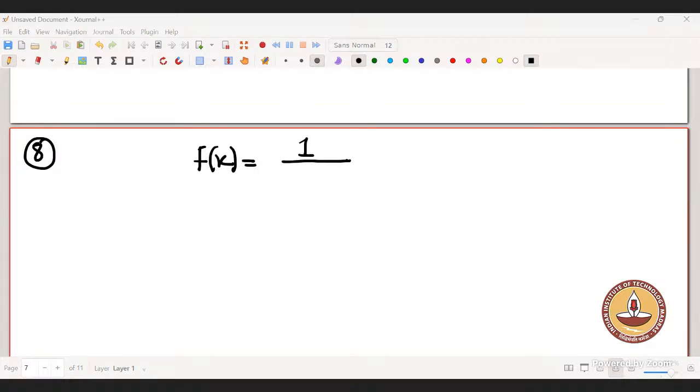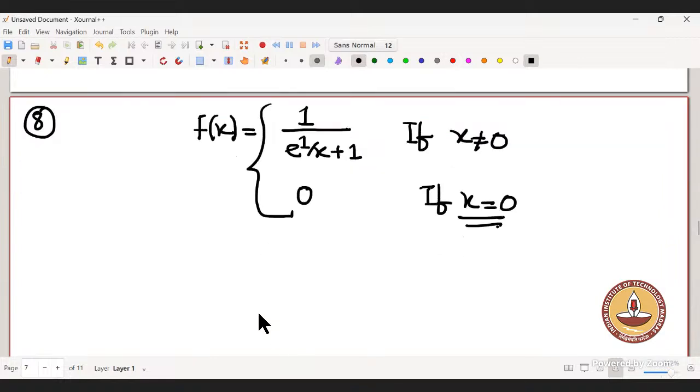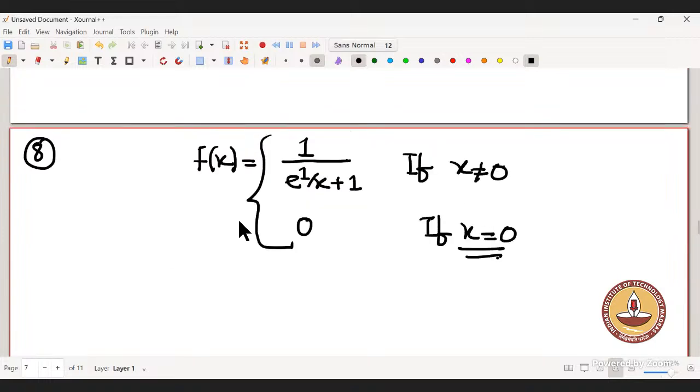E power 1 by x, and this is 0, x equal to 0. Again, the same logic.